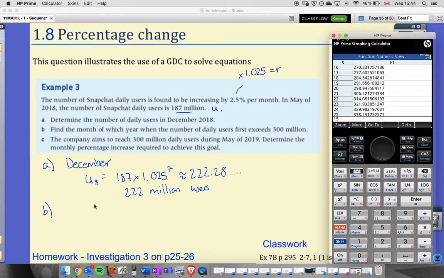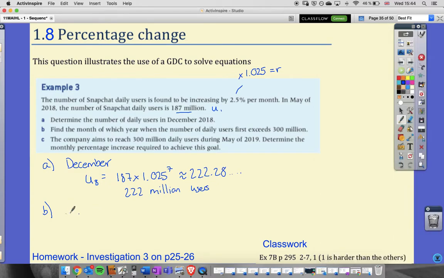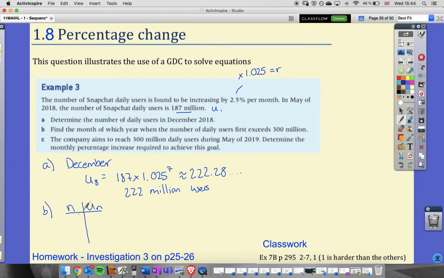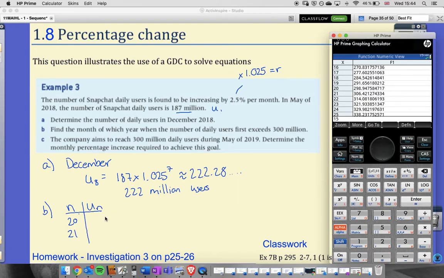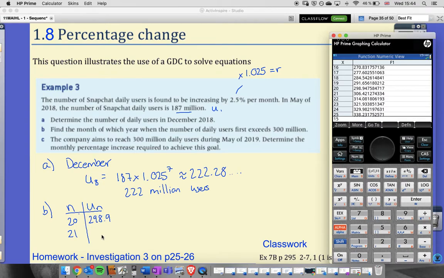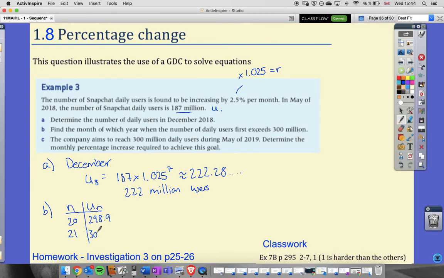And to kind of communicate what I've done, I'm going to do a little table with n, Un. So when n is 20, and when n is 21, 298.9 is 20, and 306.4.